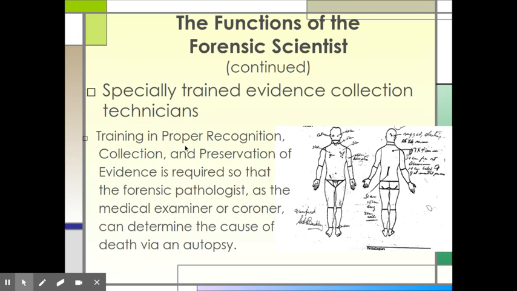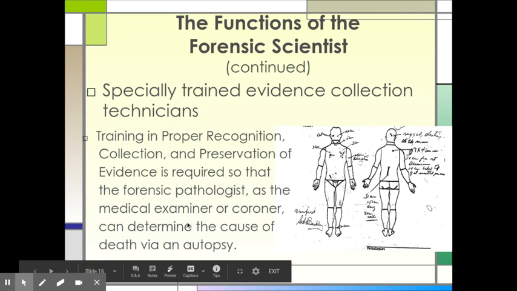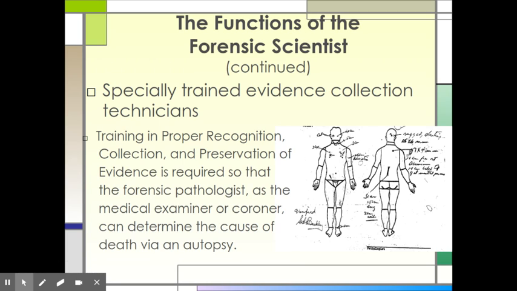Remember, there's two sides to a court of law. There's the prosecution, which includes the prosecutor, the forensic scientist, and the medical examiner, and then there's the defendants. If we properly recognize, properly collect, and properly preserve all of our evidence, then the coroner can properly do their job. That puts a lot of pressure on the defense attorneys to prove our evidence wrong.